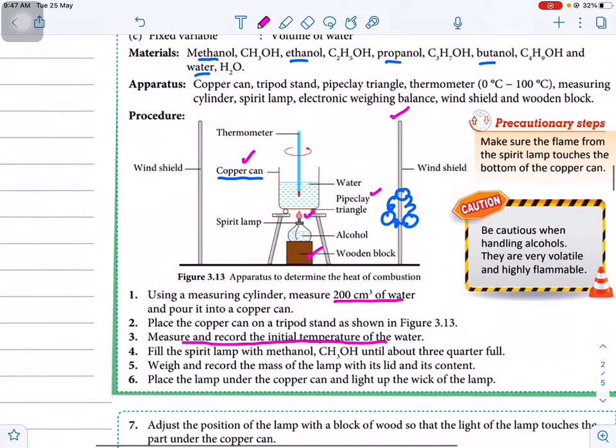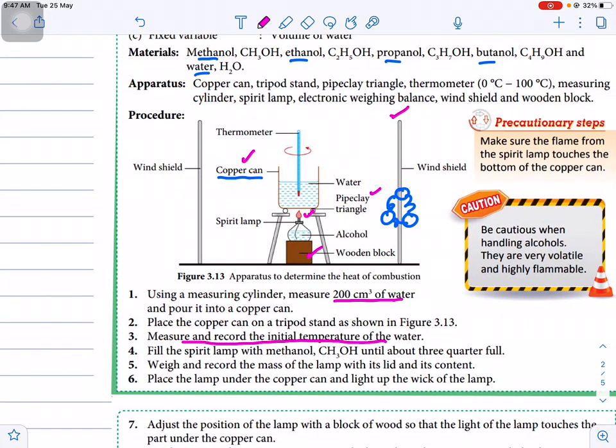So fill the spirit lamp with the ethanol, okay, and then weigh and record the mass of the spirit lamp. So the alcohol kita tak dapatkan dia punya mole pakai MV/1000, because kita tak ada dia punya volume, kita tak ada dia punya molarity, because this is not a solution, dia adalah liquid.